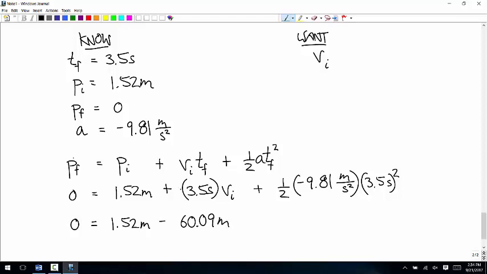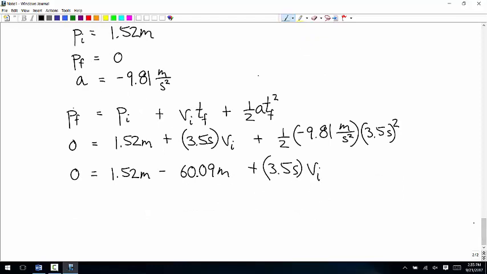That'll be in meters, and then plus 3.5 seconds times VI, and then 60.09 minus 1.52 is 58.57. Yes. I always like yell numbers out, and then every once in a while they're right.